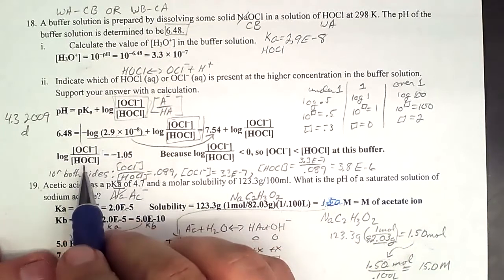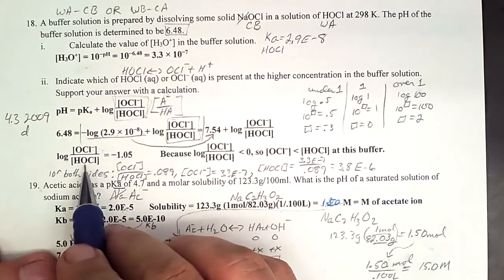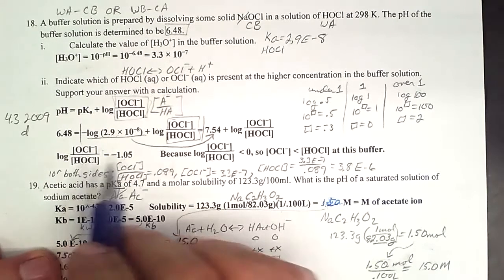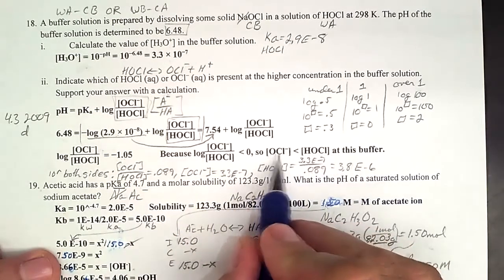The value of this fraction must be greater than 0 and less than 1. It's a decimal with 0 in front. For it to be less than 1, which part is greater, the numerator or the denominator? Well, the denominator must be greater if the value overall is less than 1. And by that proof, HOCl is greater than OCl minus.